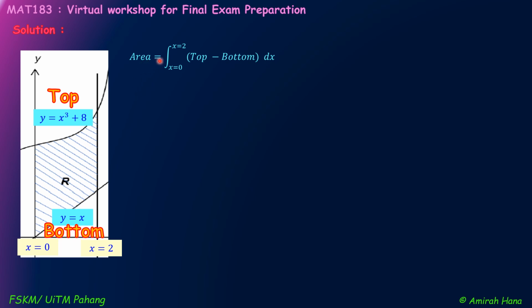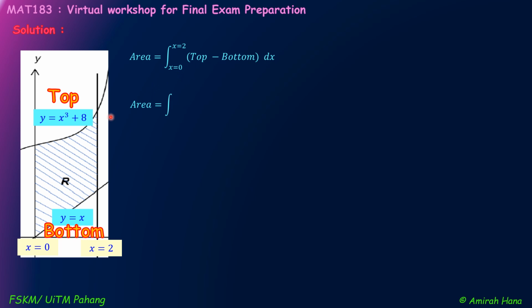Kita set up dia punya formula, integration. We integrate from x equals 0, as the lower limit, to x equals 2, the upper limit. And then top minus bottom dx. If we use top minus bottom, kena integrate with respect to x.